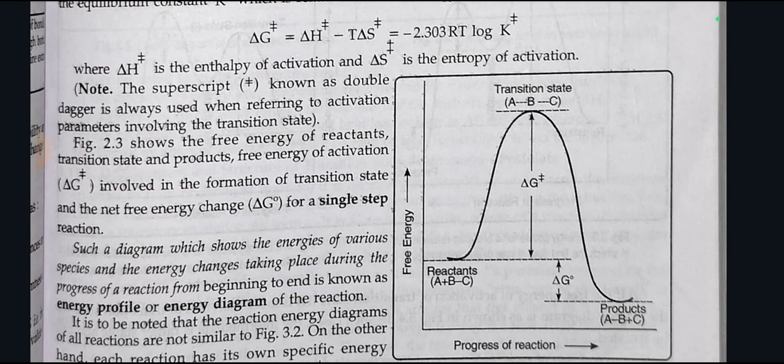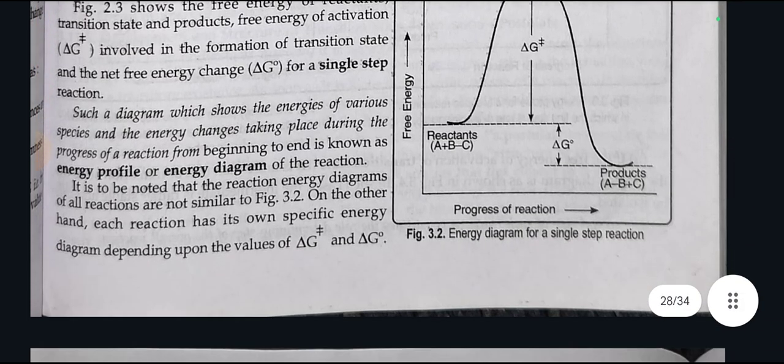Note that the superscript known as double dagger is always used when referring to activation parameters involving the transition state. Figure 2.3 shows the free energy of reactants, transition state and products. The free energy of activation, delta G double dagger, is involved in the formation of a transition state, and the net free energy change, delta G naught, for a single step reaction.